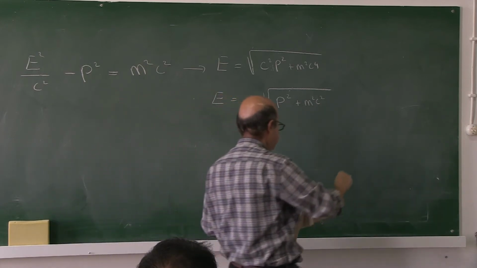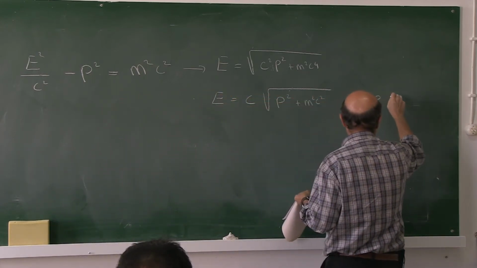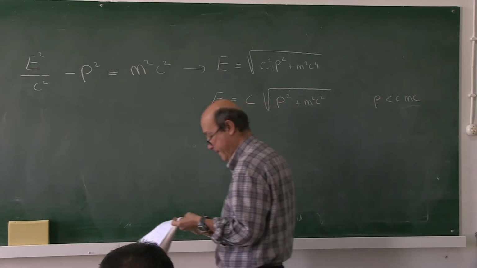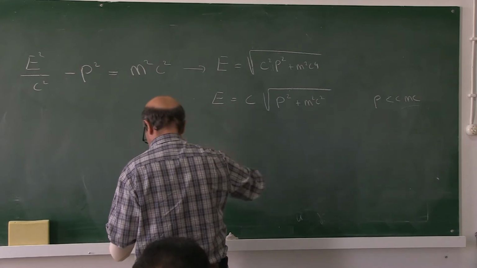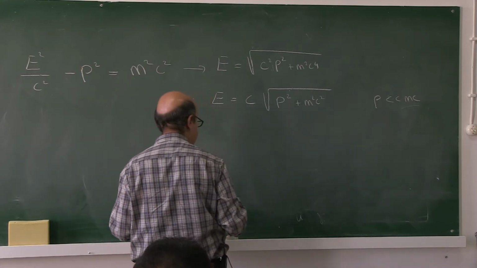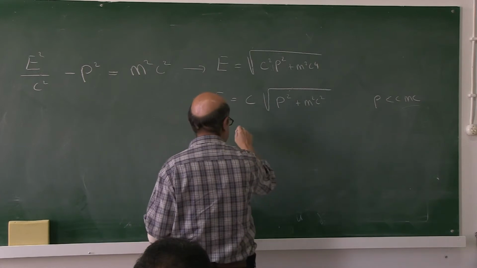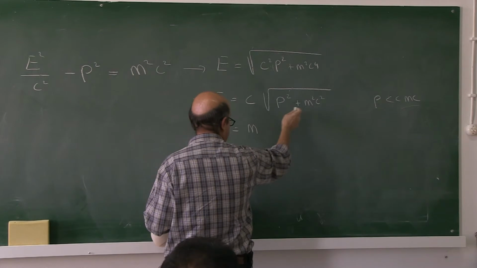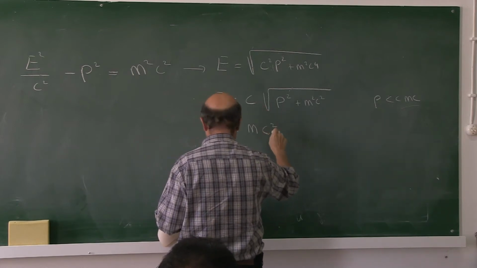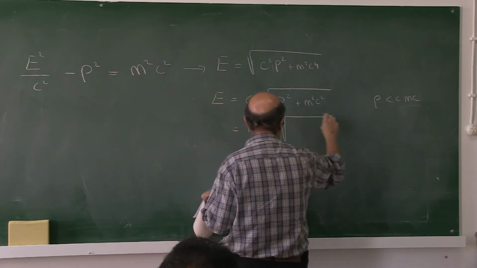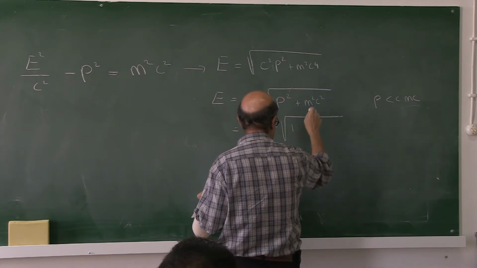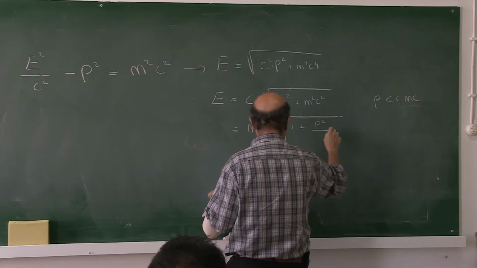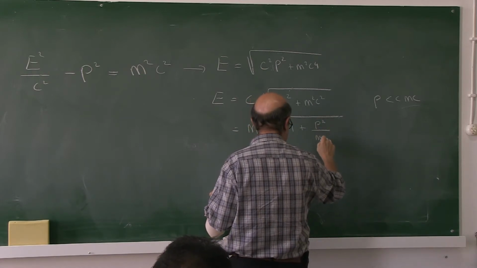Generally, the momentum is less than mc at low speeds. If you take the mc out, that will be mc times the square root of 1, therefore that's 1, and the other one will be p square over m square c square.